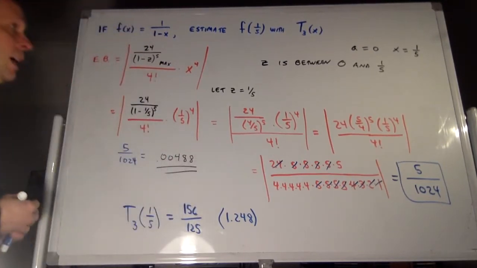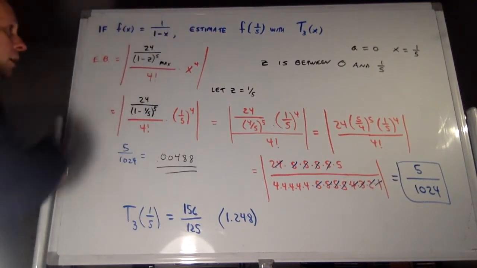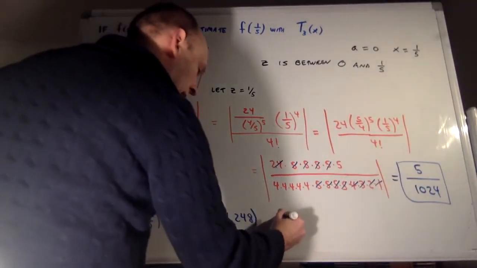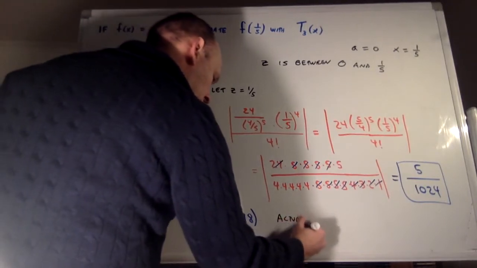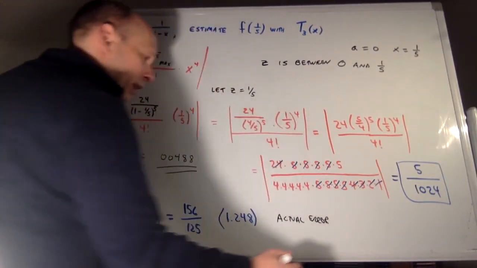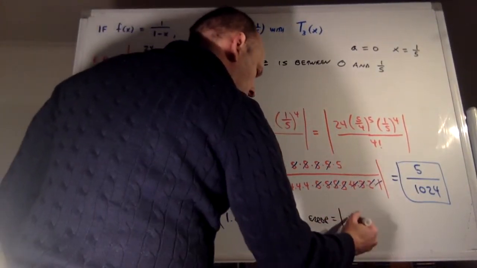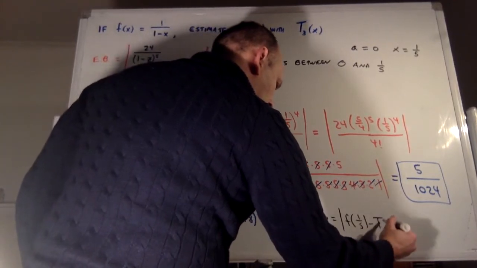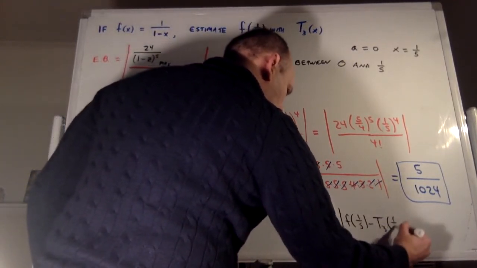And like we said, if you actually do f of 1/5 and plug it in here, you're going to get 1.25. So what was our actual error? The actual error, just to compare it, is the absolute value of f of 1/5 minus our estimate, our third-degree Taylor polynomial at 1/5.